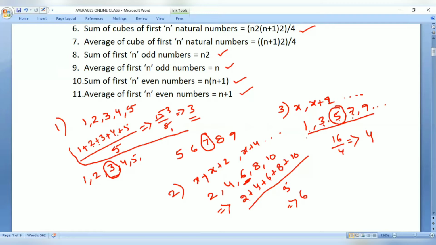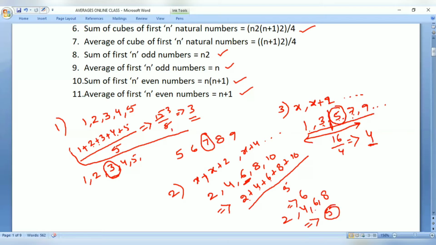Whenever you have an even count of numbers, that is 1, 3, 5, 7, four numbers, what is the middle value exactly? Between 3 and 5, the middle value is 4. Similarly, in the case of even numbers also, if you have 2, 4, 6, 8, if you are calculating the average, it becomes 5.